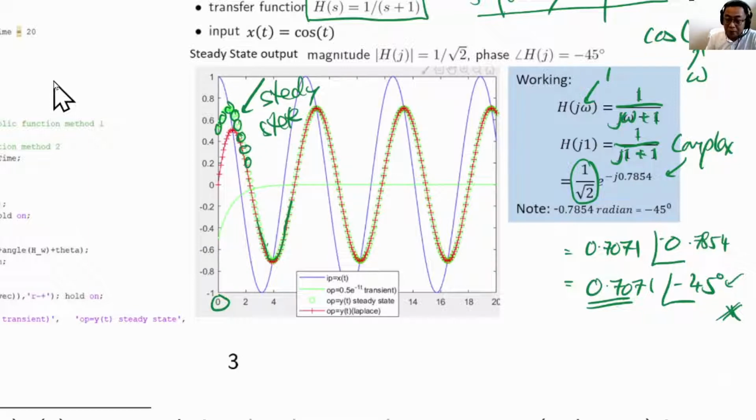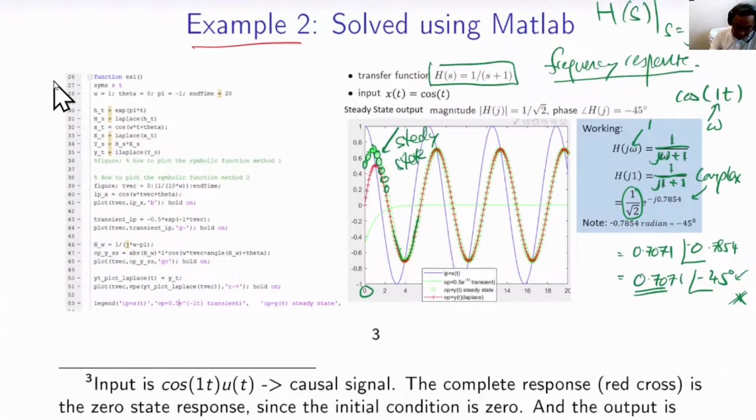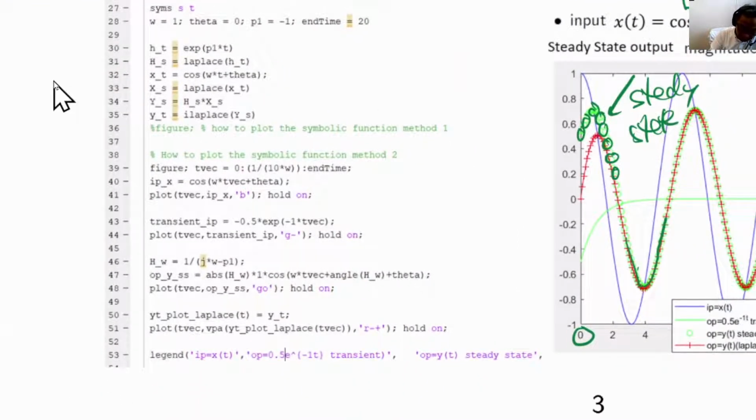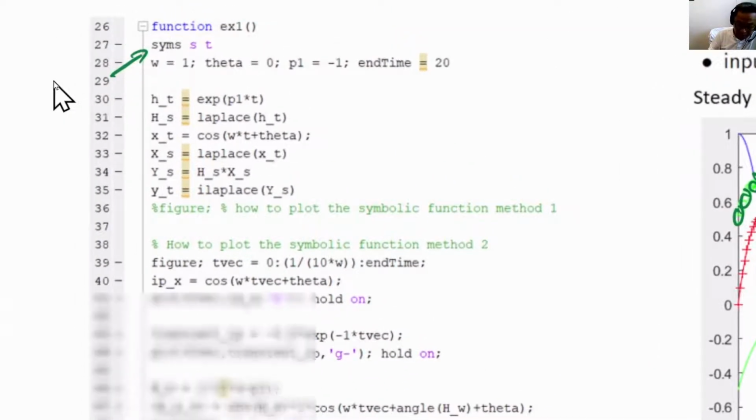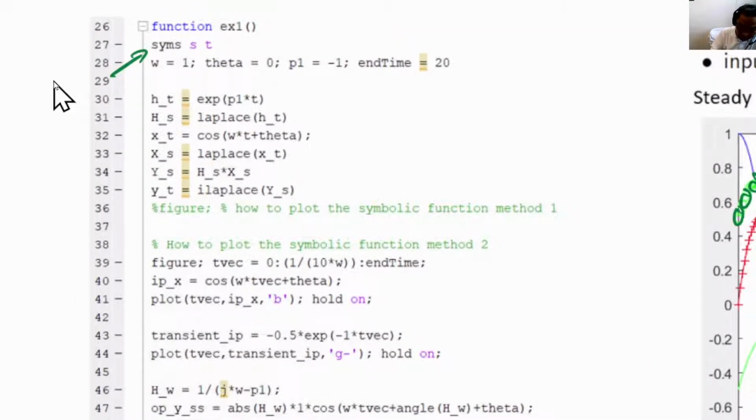Okay, we're now ready to see how we do this in MATLAB. What do we do? Set symbolic s and t first, with the parameter omega equals to 1. First let me define e to the minus t to be the impulse response h of t. To get H of s, we simply Laplace transform h of t.